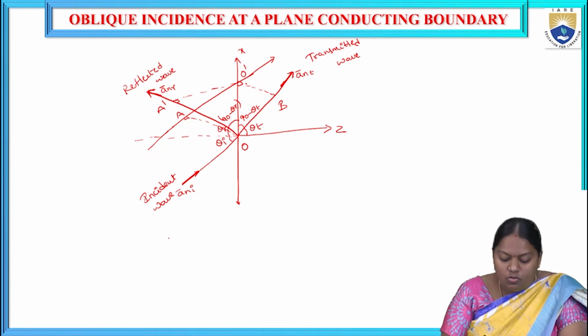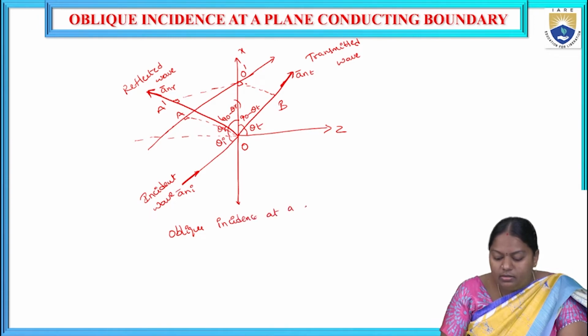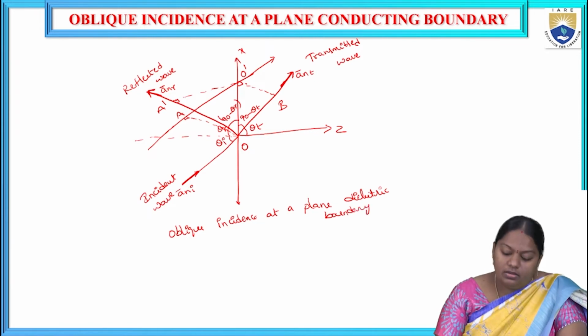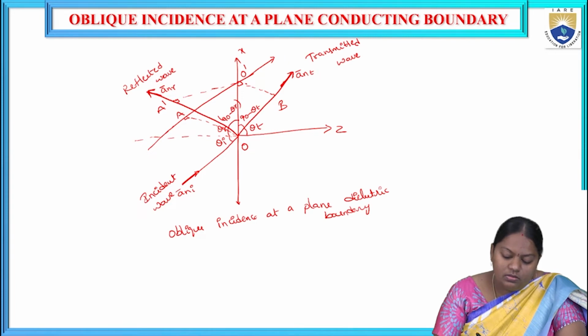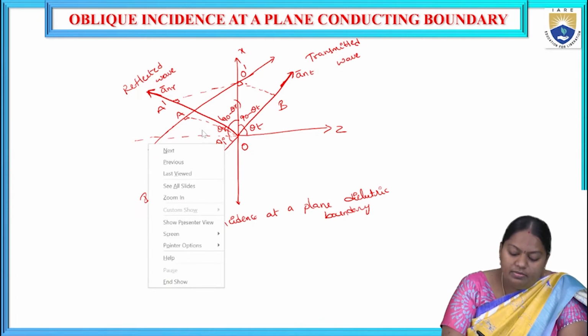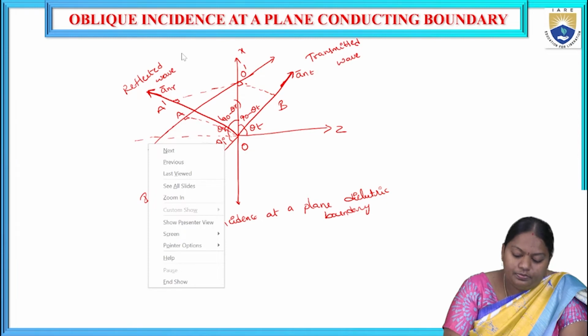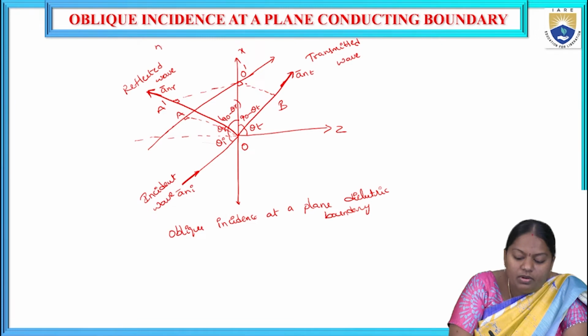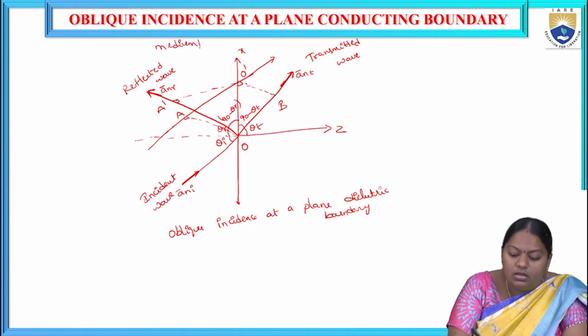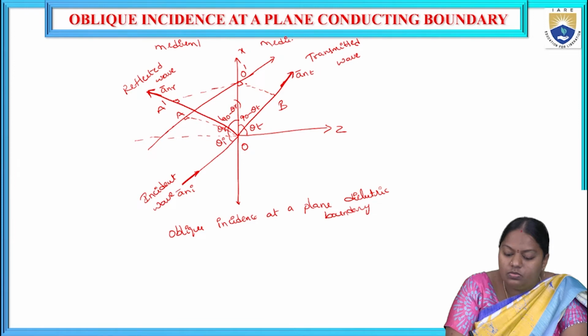So, oblique incidence at a plane dielectric boundary. Dielectric boundary, right? Now, first consider medium 1. This is medium 1, and here it will be medium 2.